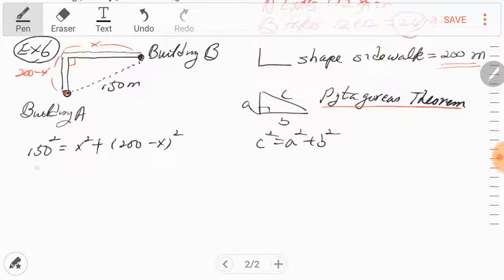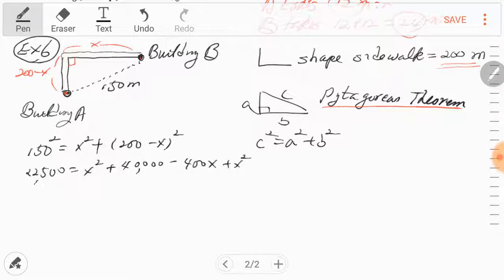Okay, 150 squared is 22,500. So 22,500, 2 more zeros. x squared plus 200 squared is 4, and then 4 zeros. Minus 2ab. 2 times ab, so 400x plus x squared.